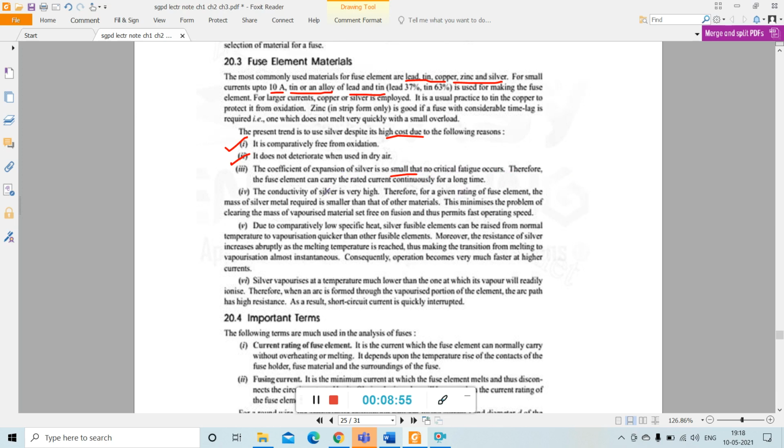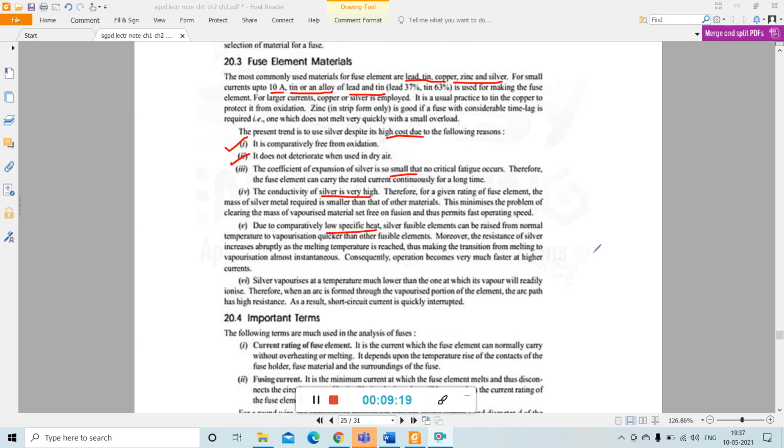Then the conductivity of silver is very high. Okay. Then, due to comparatively low specific heat, a silver fusible element can be raised from normal temperature to vaporization quicker than other fusible elements.